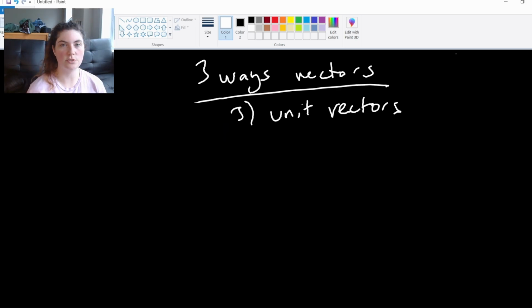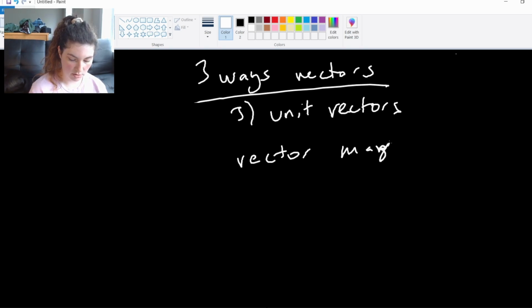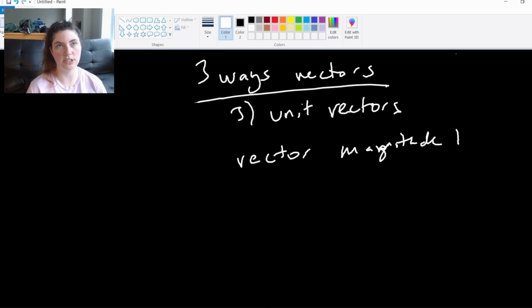The third way you can describe these is using something called unit vectors. A unit vector is a vector that has a magnitude of 1. So all it does is provide direction. You're going to have to multiply it by a scalar to actually get the full vector value.